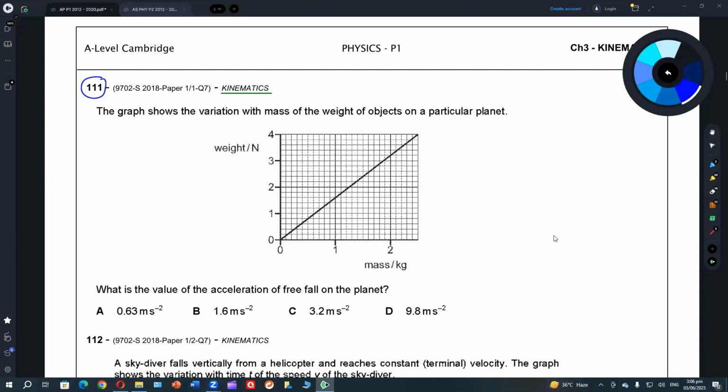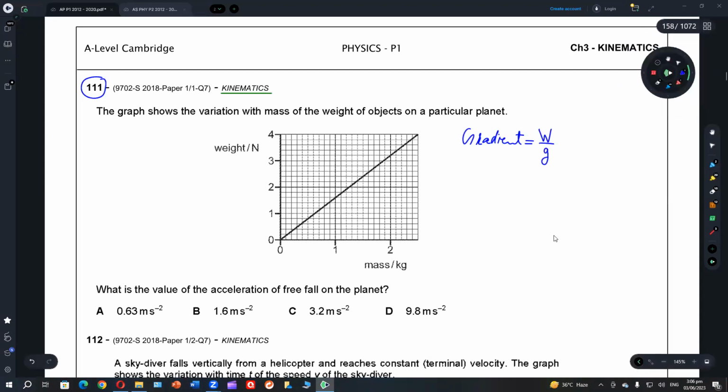So it's weight upon mass. So it will be the gradient. Yes.